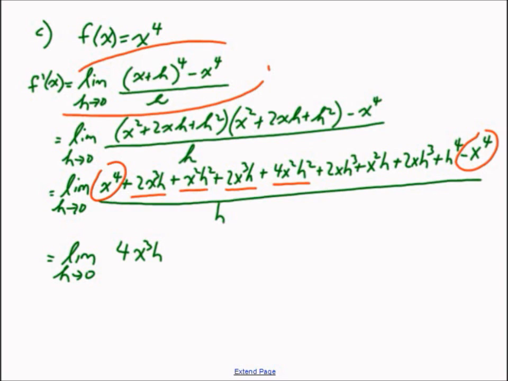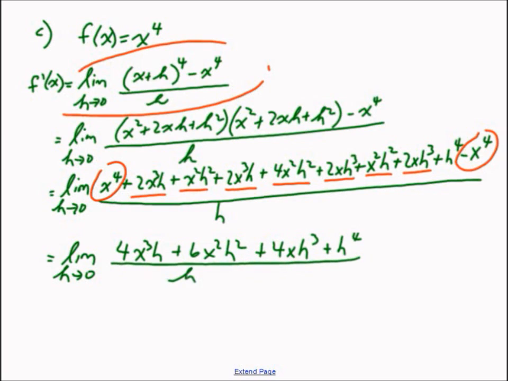So where did I go wrong? Oh, this term right here should be squared. Okay, so then we have a 6x squared h squared. We've got xh cubed, oh yeah, and I already used that, xh cubed, so that's 4xh cubed plus h to the power 4, all over h. Factor out an h.